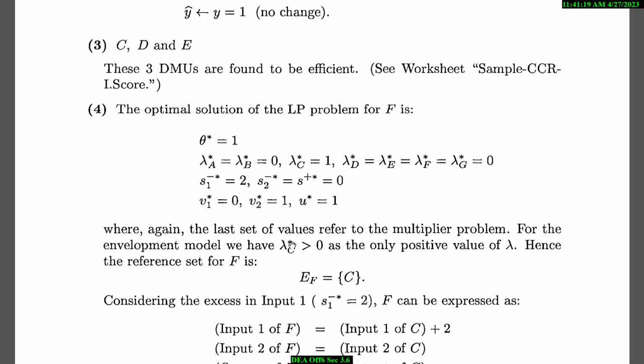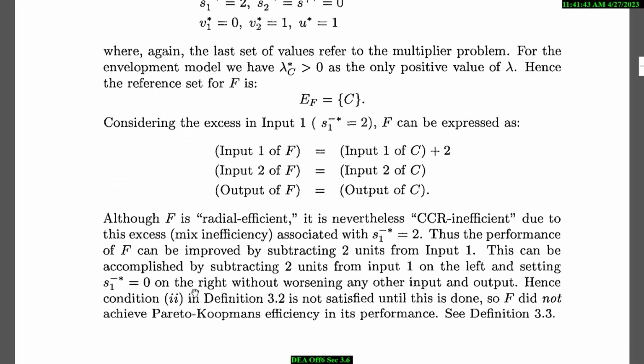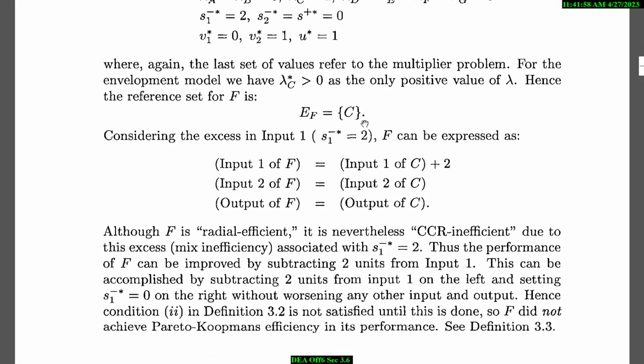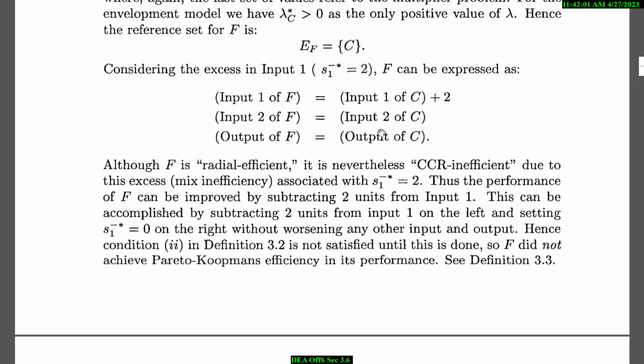Here, by using the max slack solution, and because only C has lambda star C bigger than 0, the reference set is a set that contains only C. And changing the inputs and outputs to make DMU F efficient is shown here.